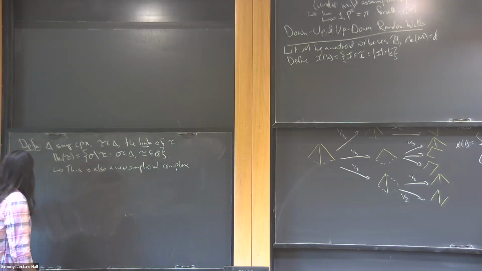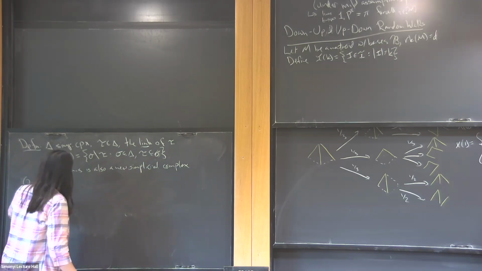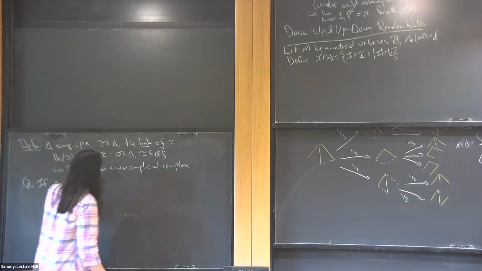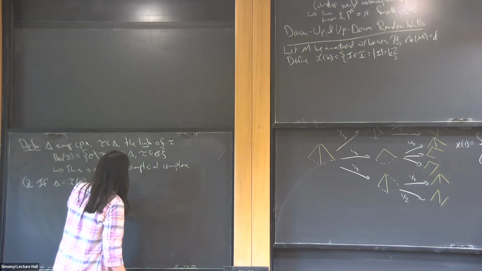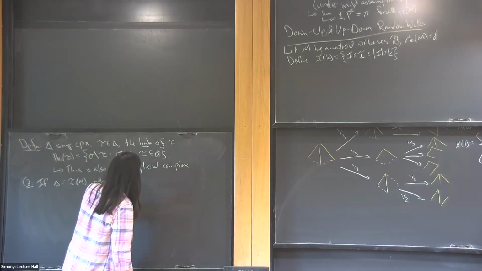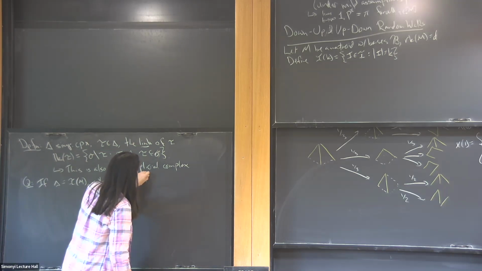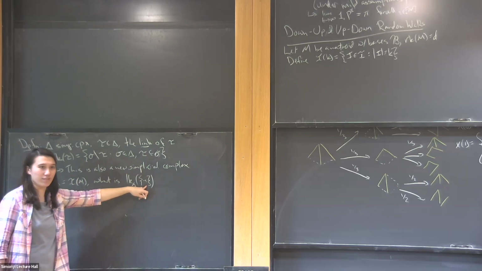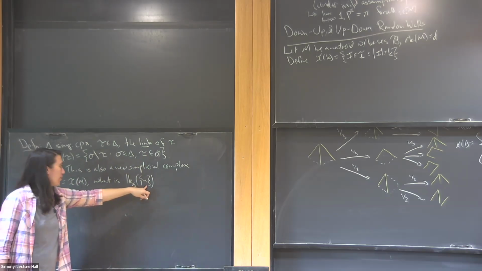So, pop quiz. If delta is the independence complex of M, what is the link in delta of I? Let's assume that I is independent, not a loop.